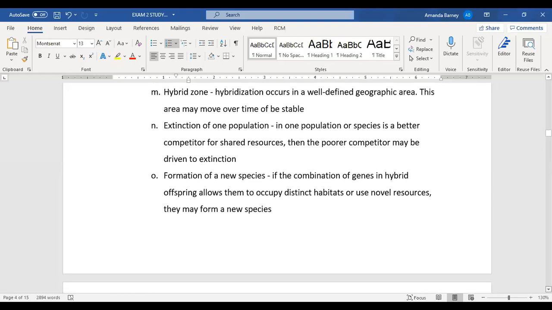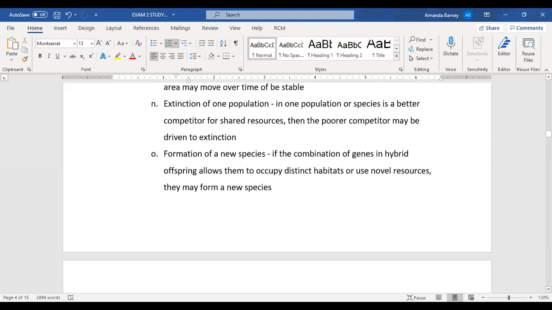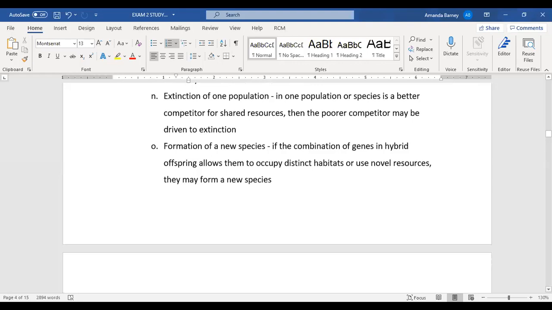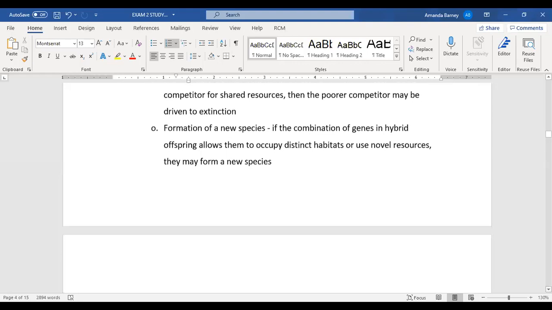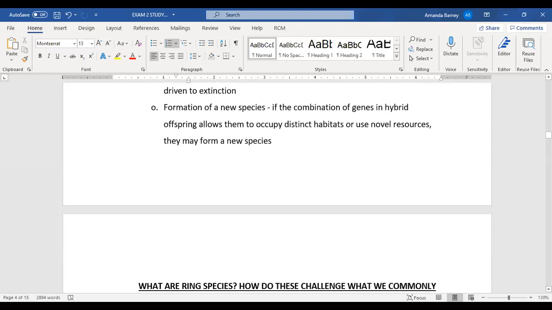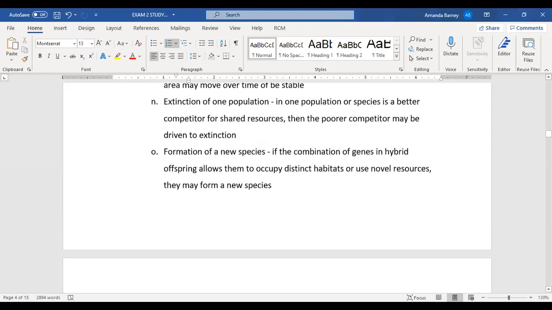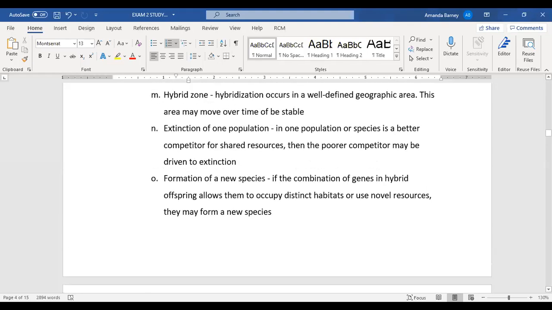The next is extinction of a population, so you have them coming back together, and one is just more fit than the other and wipes the other population out. The last is the formation of a new species. This is in some ways a bit like the hybrid zone because they come back together and start to interbreed. But then the offspring is different and cannot reproduce with the parent generation. So then you have three populations now.